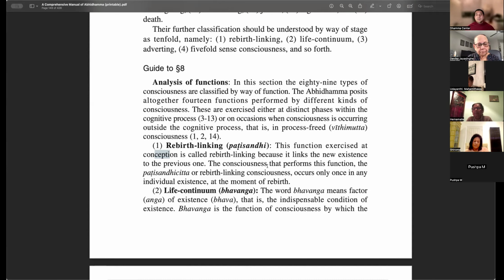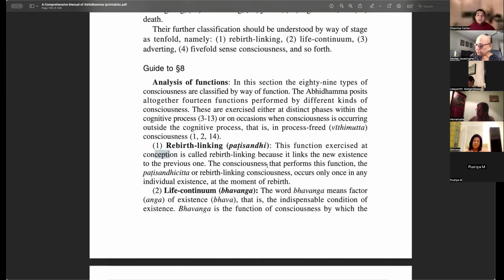Before the arising of the Patisandhi Chitta, what arises? In the physicality, for the Patisandhi Chitta to arise, a mind must be present, which means that before the arising of the Patisandhi Chitta, Karmaja Rupa arises. Within this Karmaja Rupa, you have the heart base, the life base, and the sex base, which is gender.